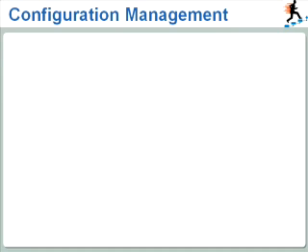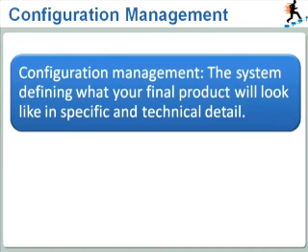Configuration management and the change control system are other areas to understand. We discussed them in not just one, but 2 episodes, so you can see that it's important and that you should understand their purpose. The configuration management system, that is the system in which you define what your final product will look like in specific and technical detail.